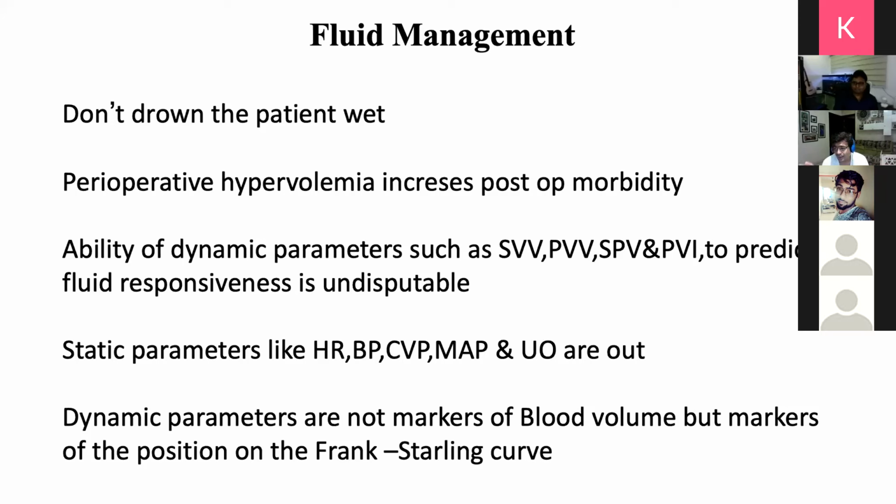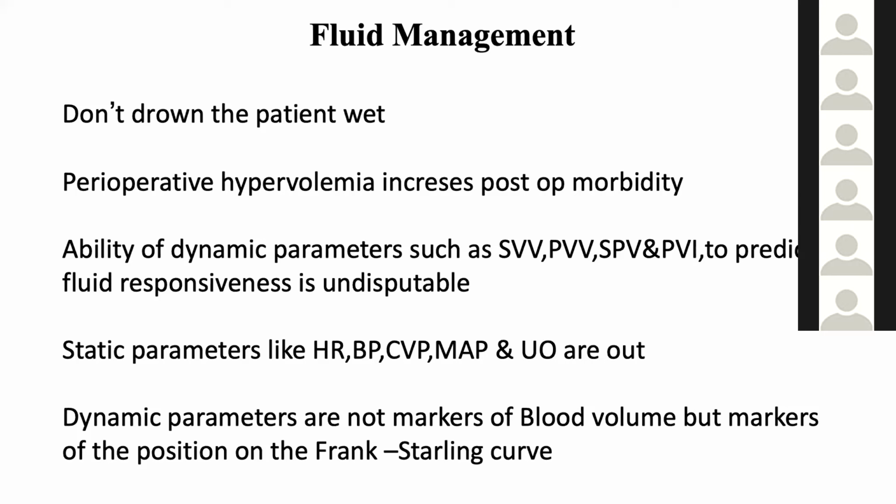So the blood loss can be anywhere between 3% to 10% in an aspirate. If it is less than 3%, you need not worry at all. You need not replace.